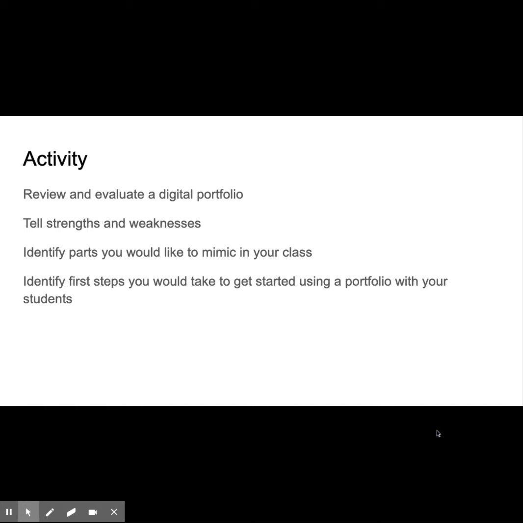So really what I'm doing here is letting you know what your activity is by the end of all of the things that you're going to be learning in this section, so that you can be thinking about this in advance. And I'm also hoping that you're going to be creating items that you can use with your students in your class. All right, so let's get to it.